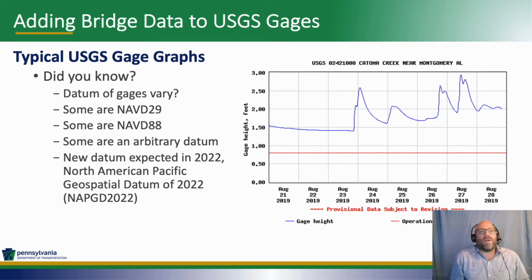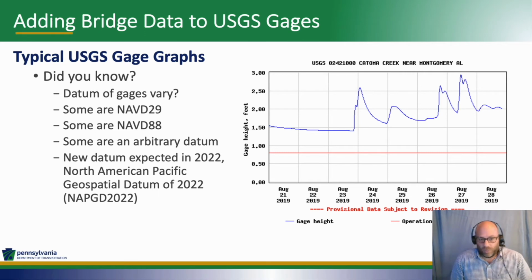Another issue not apparent to the average user is that the vertical datum of the gauges varies depending on the location and the date it was installed. Additionally, an updated North American vertical datum is expected to be implemented next year in 2022. These are very similar challenges the department faces whenever we're doing a new project or a rehabilitation project.